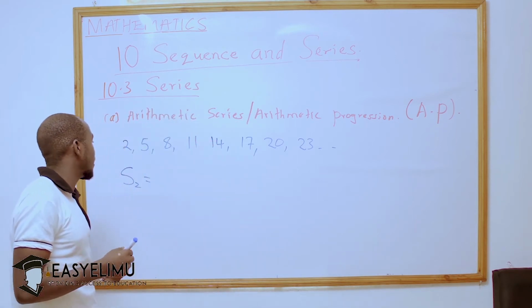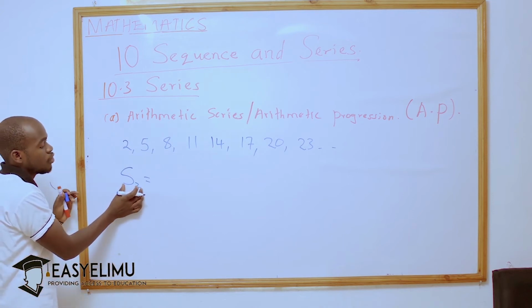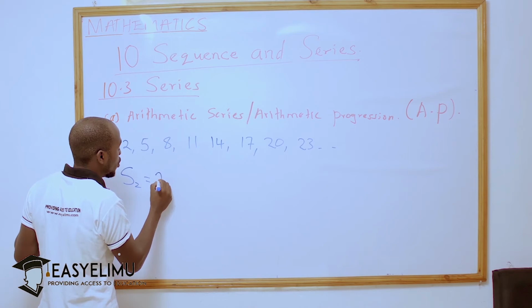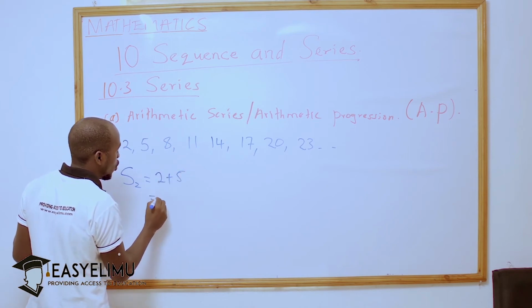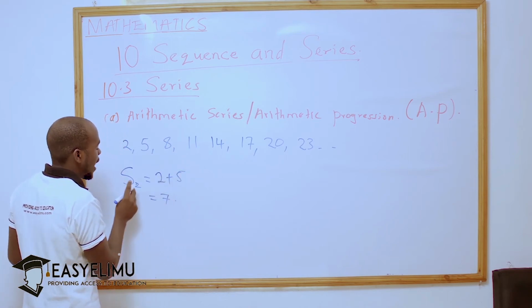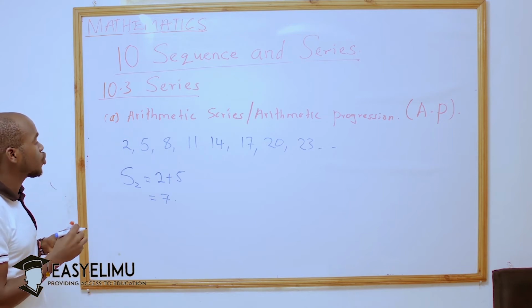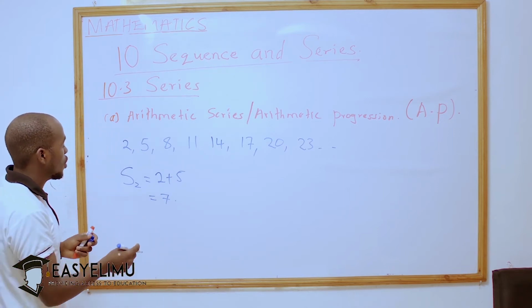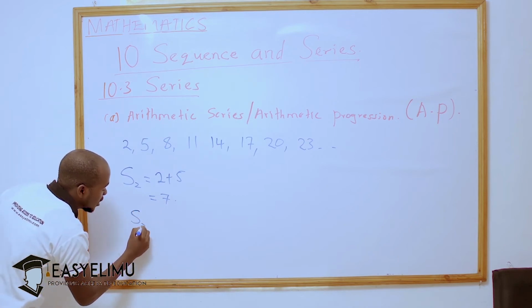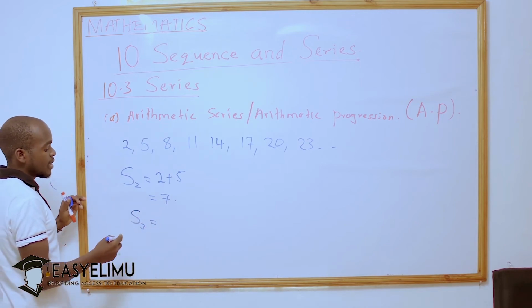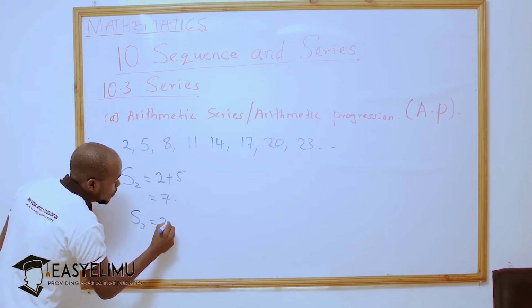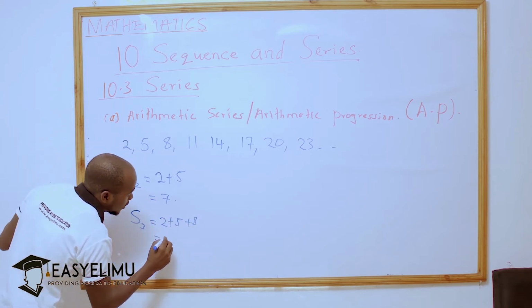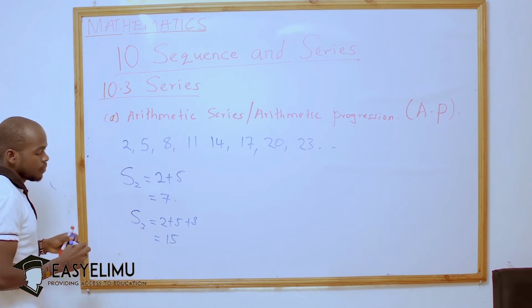So here we are going to sum the first 2 arithmetic sequence terms, and it will be equal to 7. S represents the sum of those 2 terms. If it is S3, it is equal to 2 plus 5 plus 8, which comes out as 15.